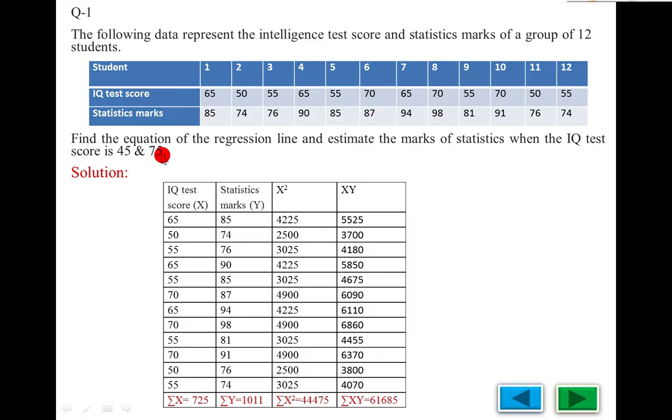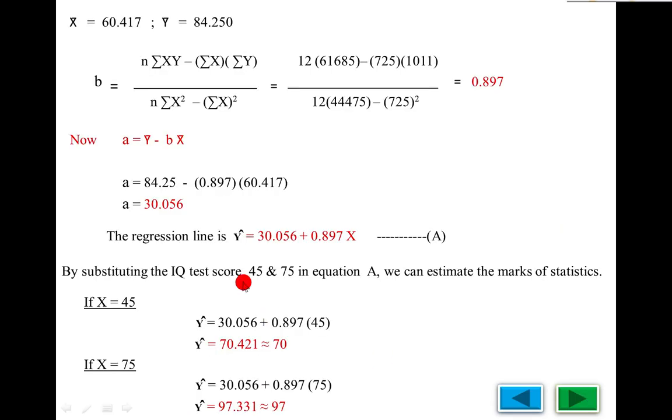Outside the range of the data means the value of X, not Y. So if you substitute the value of x one by one in this equation, for 45 the estimated value is 70.421 or approximately 70, or you can also round off up to 71, and for 75, put here 75, you will obtain 97.